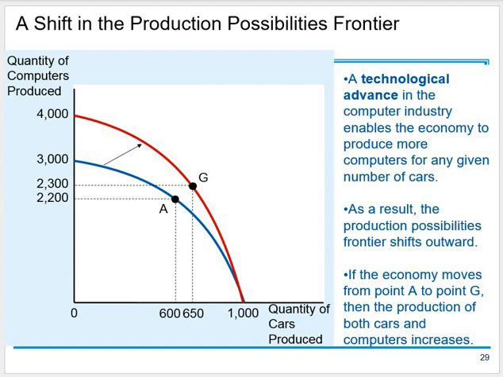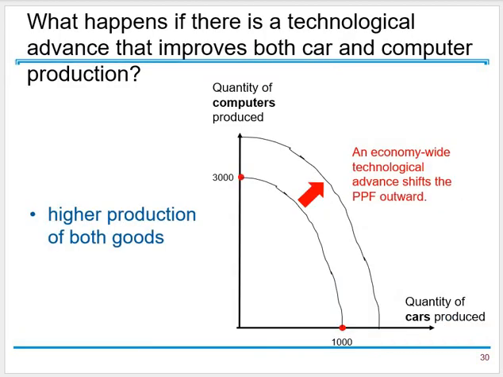So this graph shows a technological advance related only to computer production. There could be some improvement in technology that affects both production procedures. So assume an economy-wide improvement in technology happens. That would shift the PPF outward, and you would have higher computer production and car production with the same amount of resources.